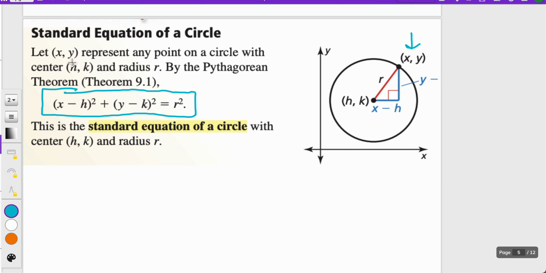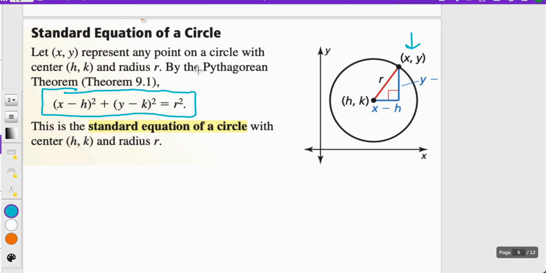The reason why we didn't rename these x and y is because we didn't want to get them confused with another x and y. So h is still in the position of x, k is still in the position of y, so you're going to notice that is still paired with x and y down here, and the radius r.